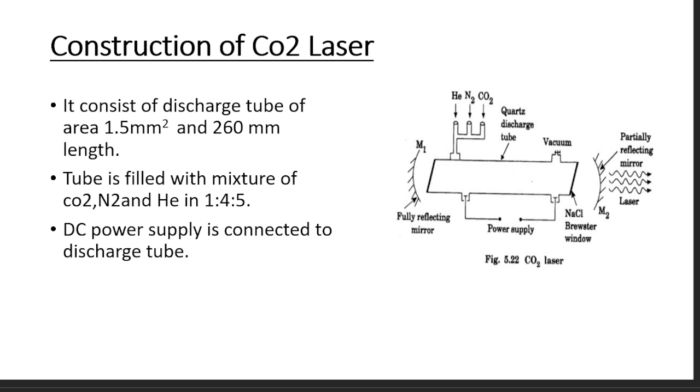Two concave mirrors M1 and M2 are used, in which one is fully reflecting and the other one is partially reflecting, which forms an optical resonator. So the active medium is a gas mixture of CO2, N2 and He. The laser action takes place between the vibrational states of the CO2 molecule. So this is all about the construction of the CO2 laser.